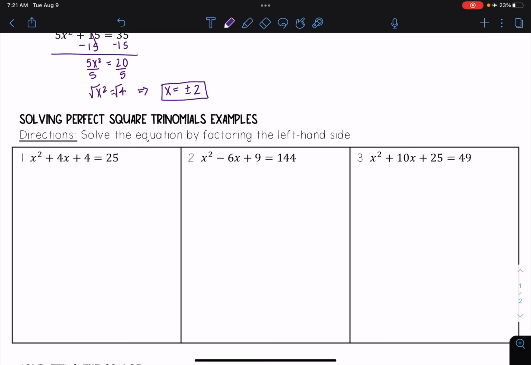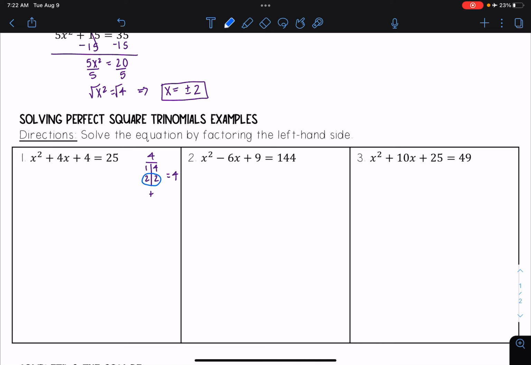Here I have that my a is 1, so I'm just looking for two numbers that multiply to 4 and add to equal 4. Everything's positive, so I have 1 times 4 is 4, 2 times 2 is 4. And so I see that my factors 2 and 2 multiply to 4 and add to 4.